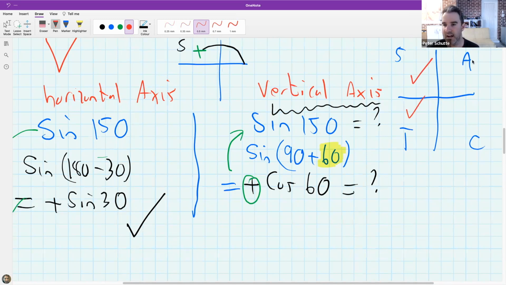Everything is positive in quadrant 1. Only sine is positive in quadrant 2. The other 2 ratios are negative. Only tan is positive in quadrant 3, and only cos is positive in quadrant 4. So, for example, sine is negative in quadrant 4.